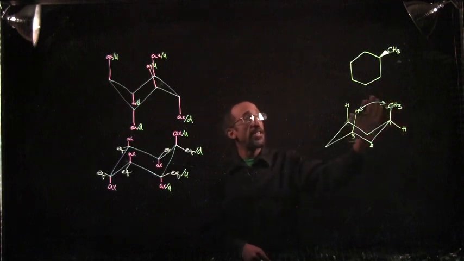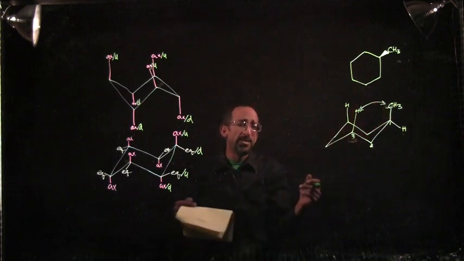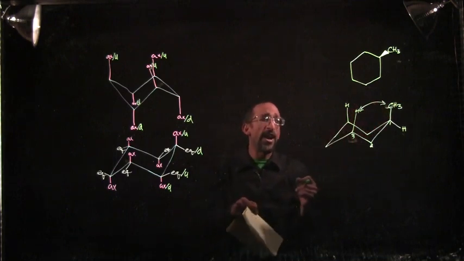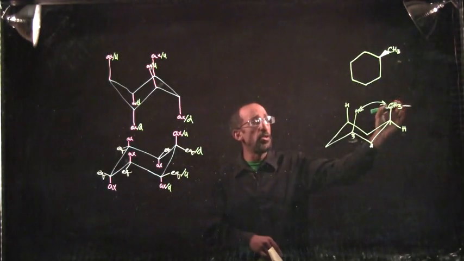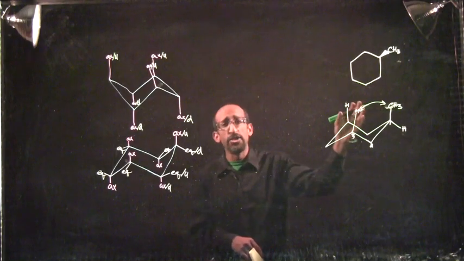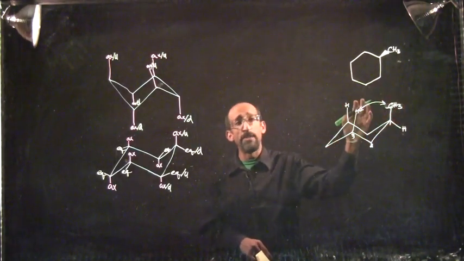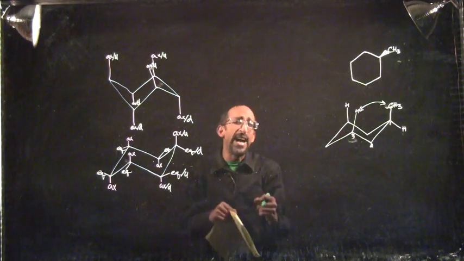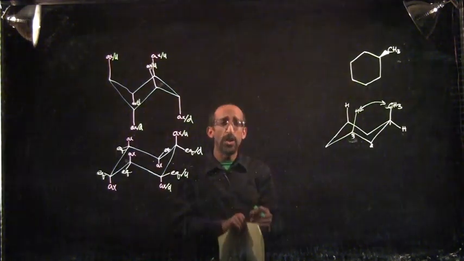Now here in this methyl cyclohexane, because I have a methyl group and a hydrogen interacting, there's very little steric interaction between these two, but there is some. And as this methyl group gets larger, or this hydrogen group becomes something bulkier, so if I switch this to a t-butyl and a methyl, that 1,3 diaxial interaction produces a lot of steric strain in the molecule.